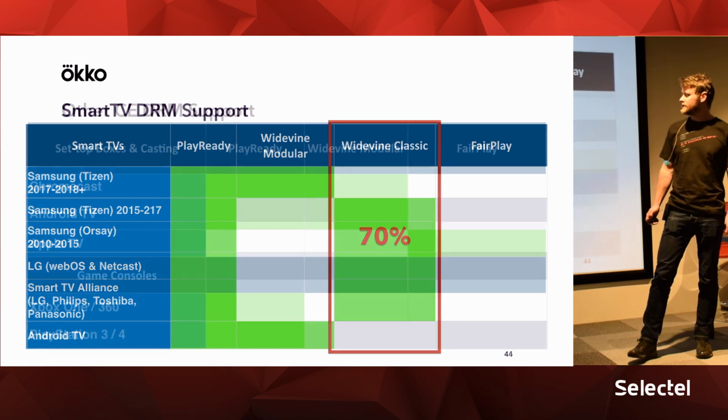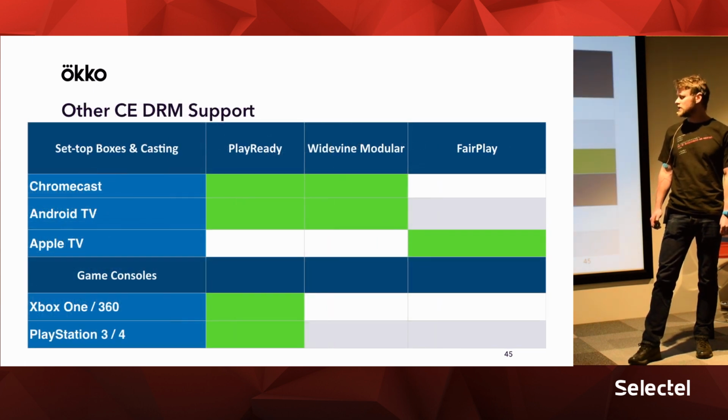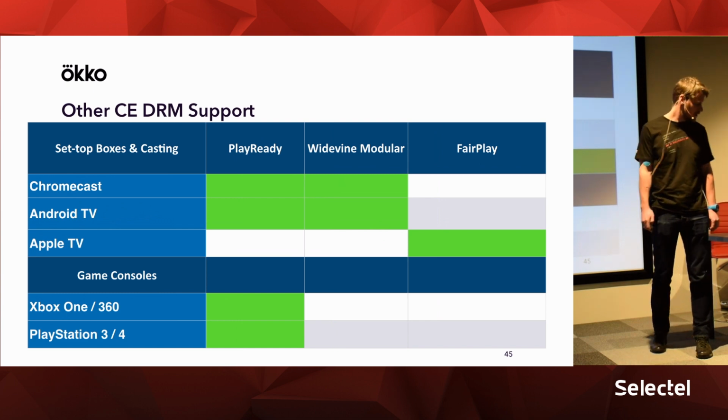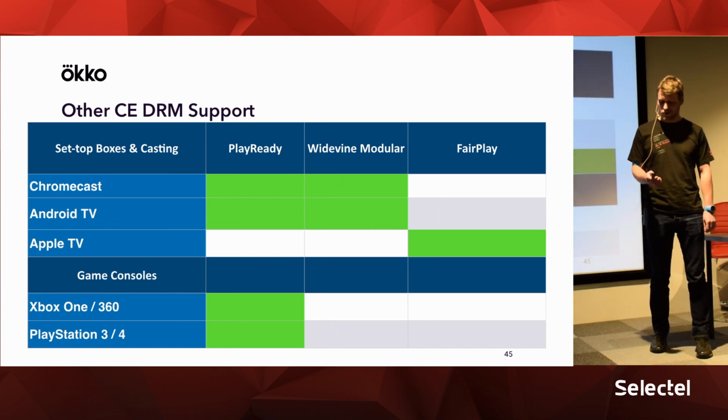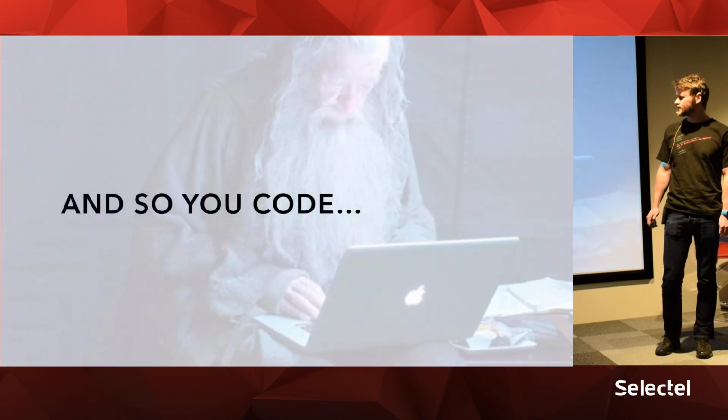For other CE devices, fragmentation is still big there. So, for example, video game consoles have only PlayReady, and Apple TV, as you can imagine, has only FairPlay. So, how to deal with that?